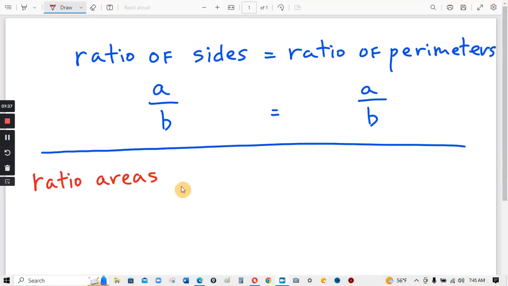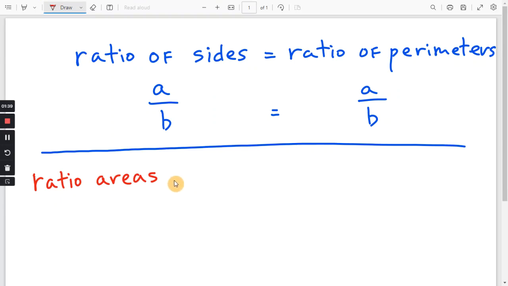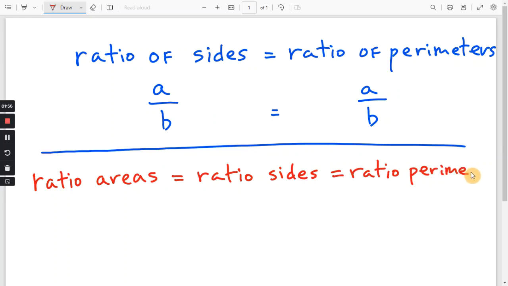Now, if you want to find the ratio of the areas, you have to take the ratio of the sides or the ratio of the perimeters and you have to square it. Okay, you can square either one.